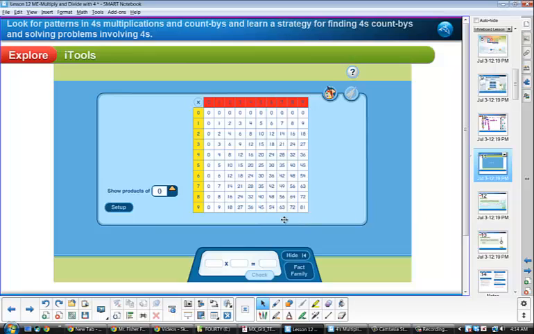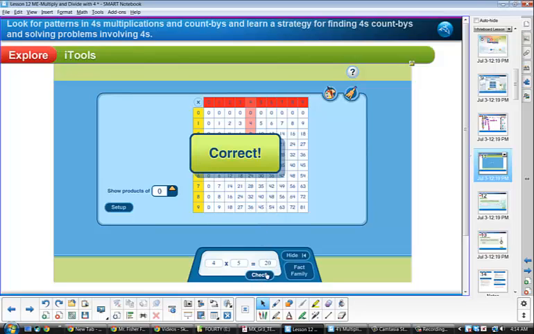Now, we want to see one. Well, let's do it. Let's make it 4 times 5. And we see that it equals 20. We check our answer. We get it correct.